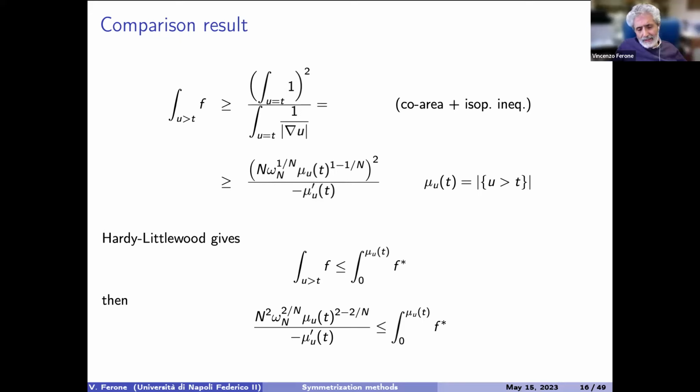This has to be made a little bit precise, because if there is some level set where the measure of where u is equal to t is positive... but it is for almost every t. Yes, this is an inequality. One has to check these things a little bit carefully, but it works.